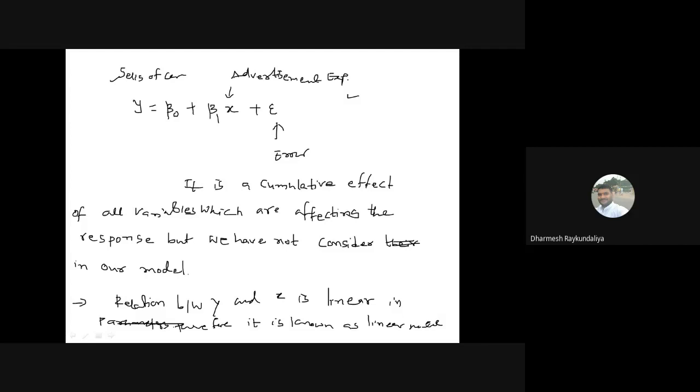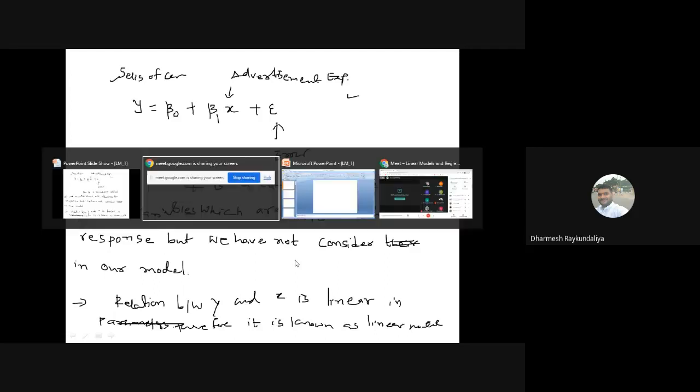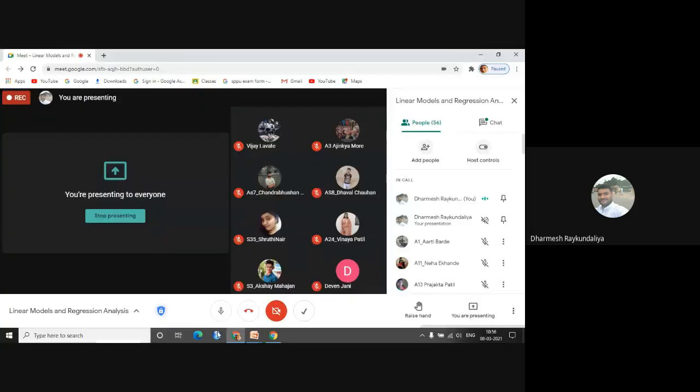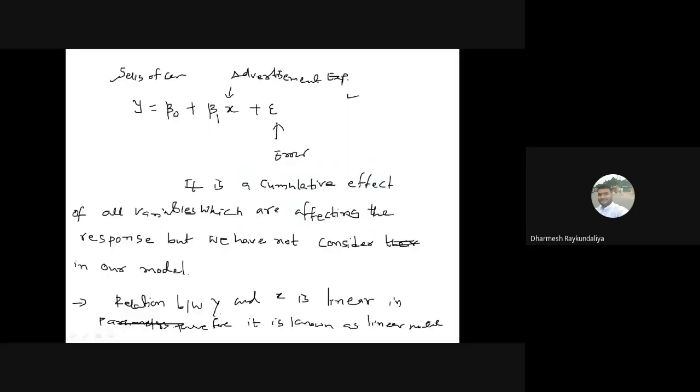So when you say that the model is linear or non-linear, if the relation between y and x is linear in parameters, then we say that the model is linear. And if the relation is non-linear, then we say that it is a non-linear model. Any questions up to this? No, sir.